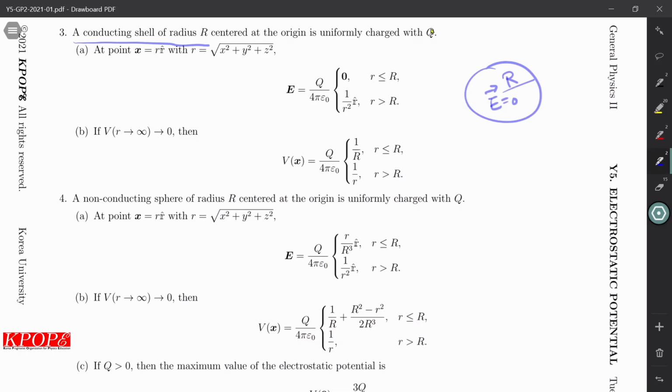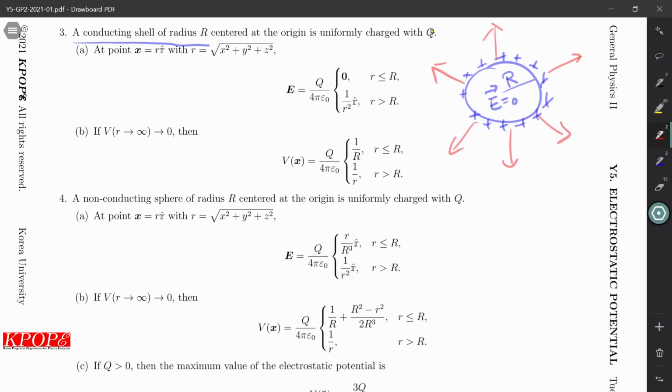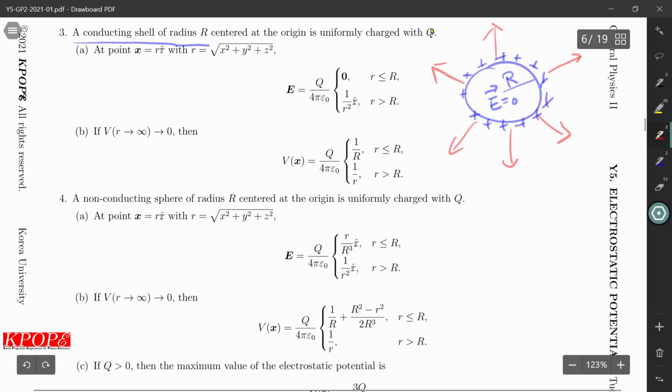The shell is uniformly charged like that, and the electric field points in the radial direction. We compute the electrostatic potential. We carry out the same integral.